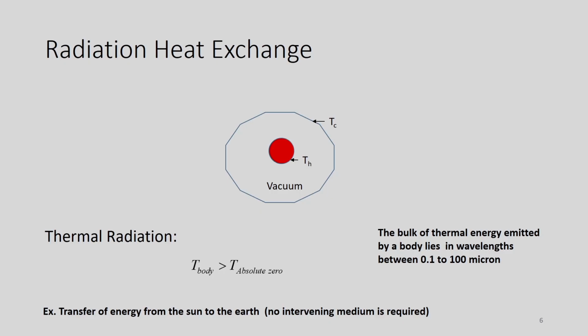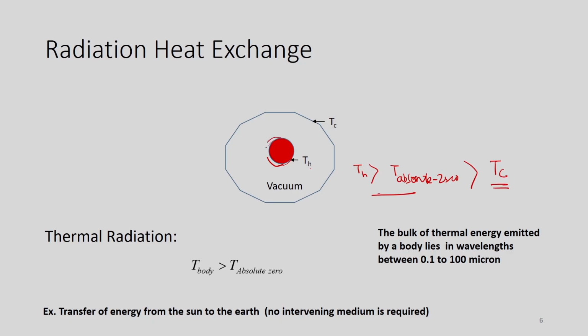If a body temperature is more than absolute 0, then that body will start emitting thermal radiation. So, for example, if we consider an object having a temperature Th which is more than absolute 0 temperature, and also greater than the cold surface Tc.